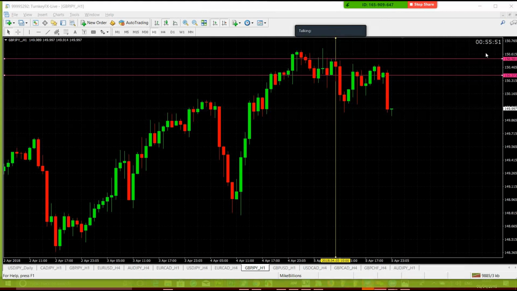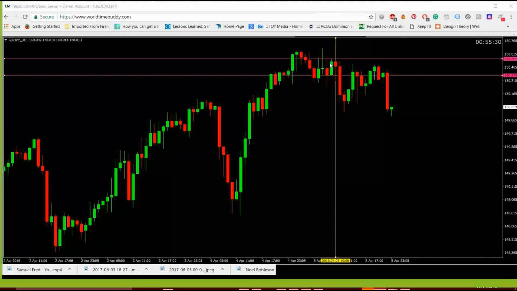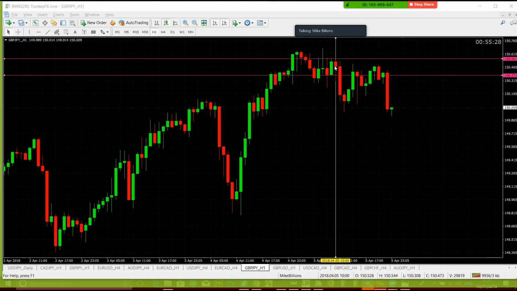That's this number here, this line here, 561. That's because I'm doing a sell stop. If I was doing a buy stop, which is above, my stop loss would be this number below here. That's my support number, which is 150,373, and this candle is only about 20 pips apart.